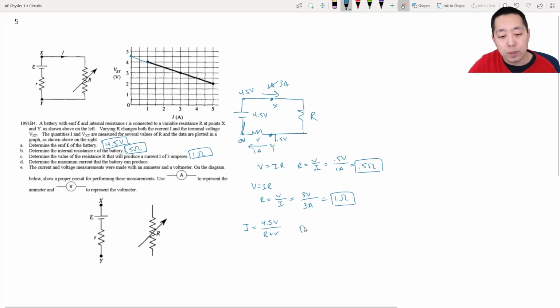The power is equal to I times V, which is this current times the voltage, 4.5 volts. So it's 4.5 times 4.5 over R plus little r. Now the little r I can't change.